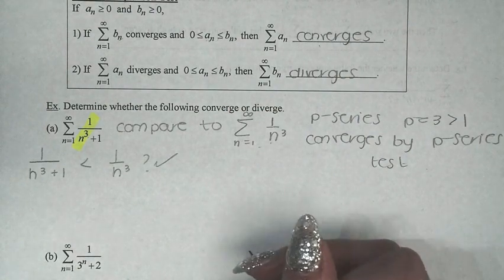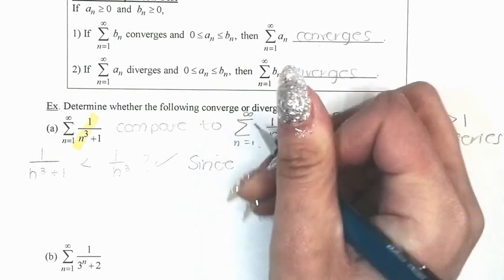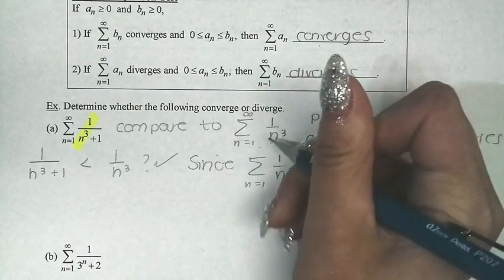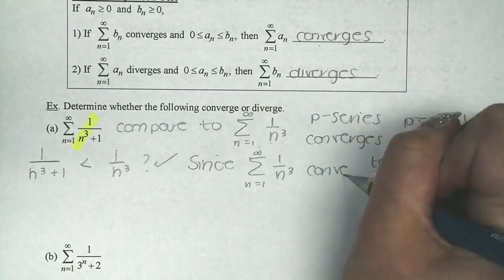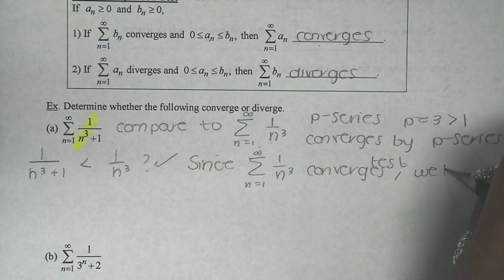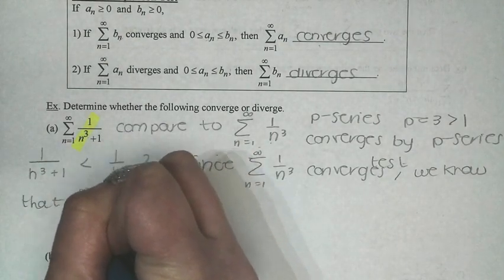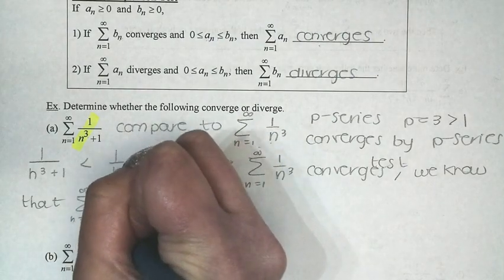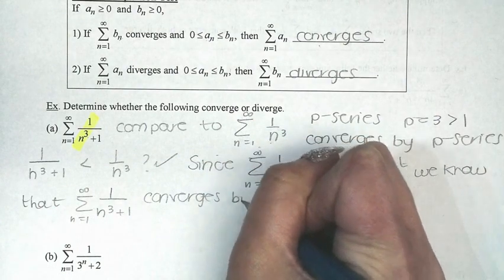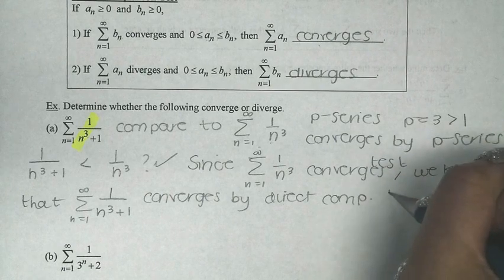Therefore, since this is true, we can conclude that since the one that we're comparing, 1 over n cubed, converges, we know that the original that we have, n equals 1 to infinity of 1 over n cubed plus 1, converges by direct comparison test.